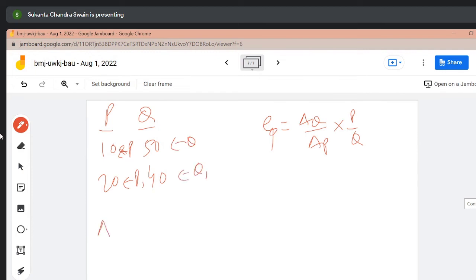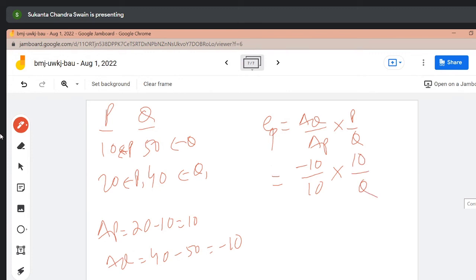Now del P is equal to 20 minus 10 is equal to 10, and del Q is equal to 40 minus 50 is equal to minus 10. So del Q by del P is minus 10 by 10, into P. P is equal to 10, Q is equal to 50.